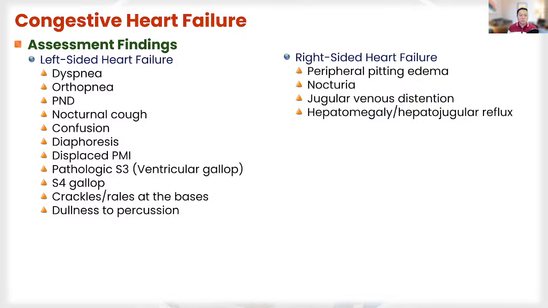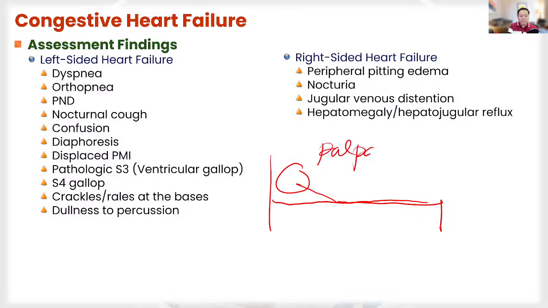This is going to be assessed when you put the patient in bed, and when you press the liver in the right upper quadrant. Okay, so when the patient is at a 30 degree angle in bed, you're going to have to palpate the liver.